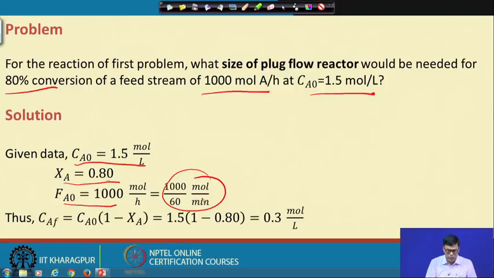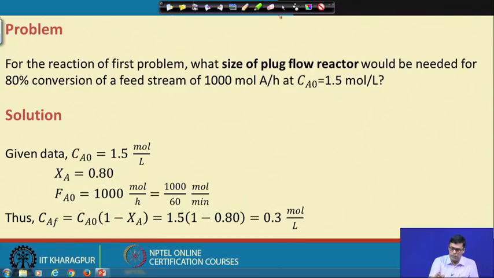This is very important, because if tau of the plug flow reactor is calculated in minutes, the flow rate also should be in minutes, otherwise there will be some error in calculations. Now CAF is 0.3, which I have already shown you, so I do not like to explain further.